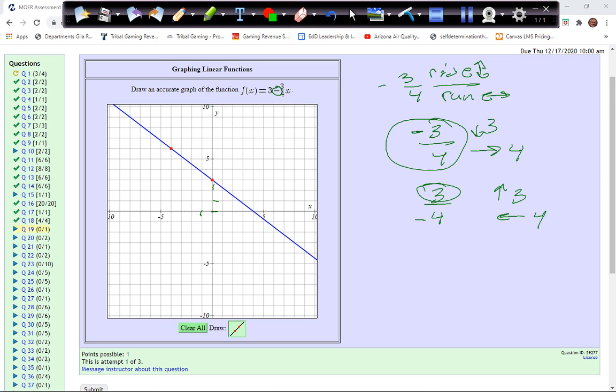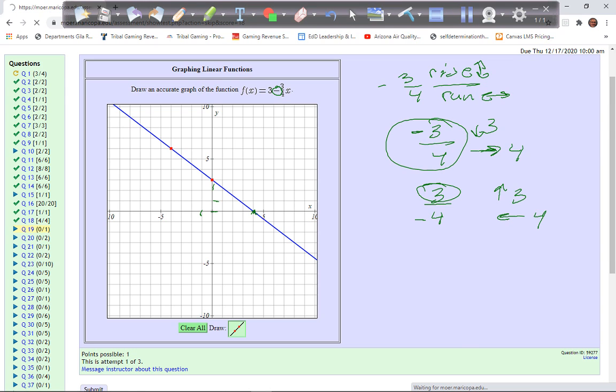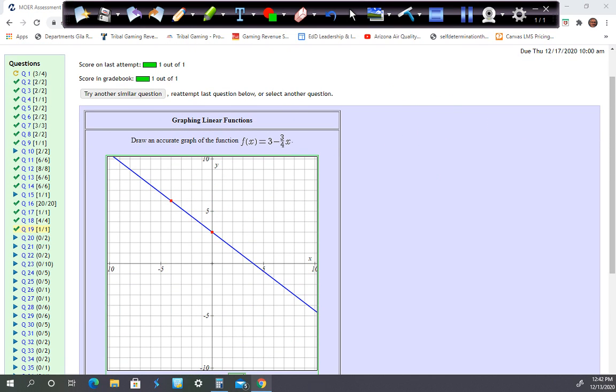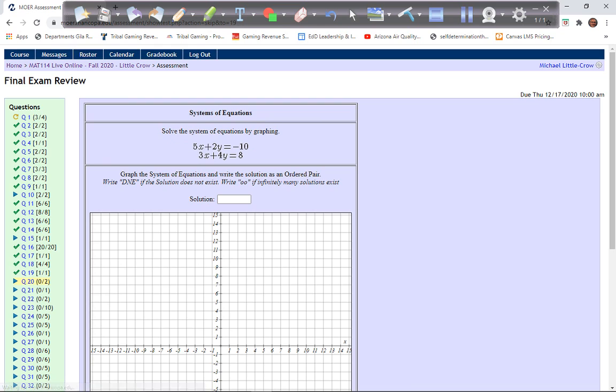When I do this one, if I go down 3, 1, 2, 3, I should go to the right 1, 2, 3, 4, and I end up back on that line, which I do. And it's going downhill, so it is negative. So use the y-intercept to get your first point, and use your slope to get a second point. And we got it right. Clear that out. 19, and we'll take another little break.